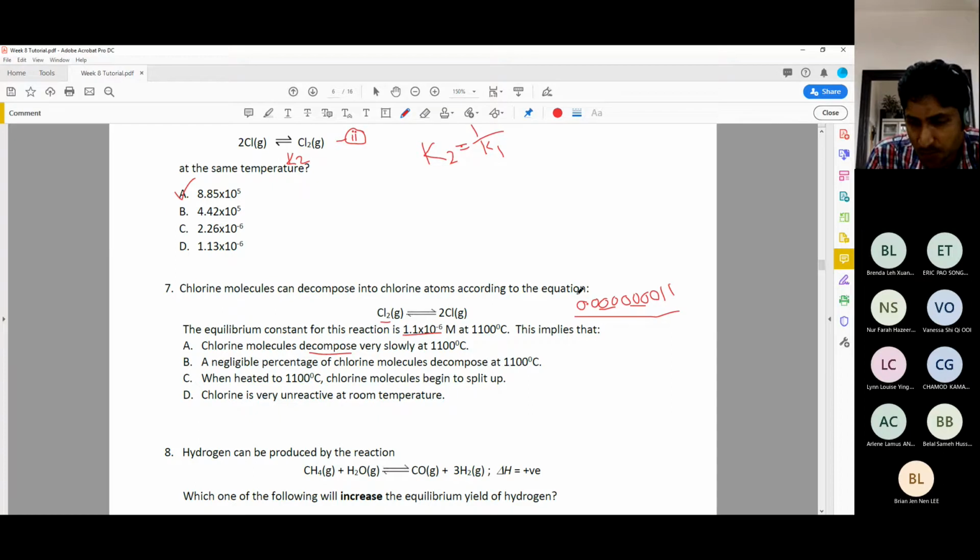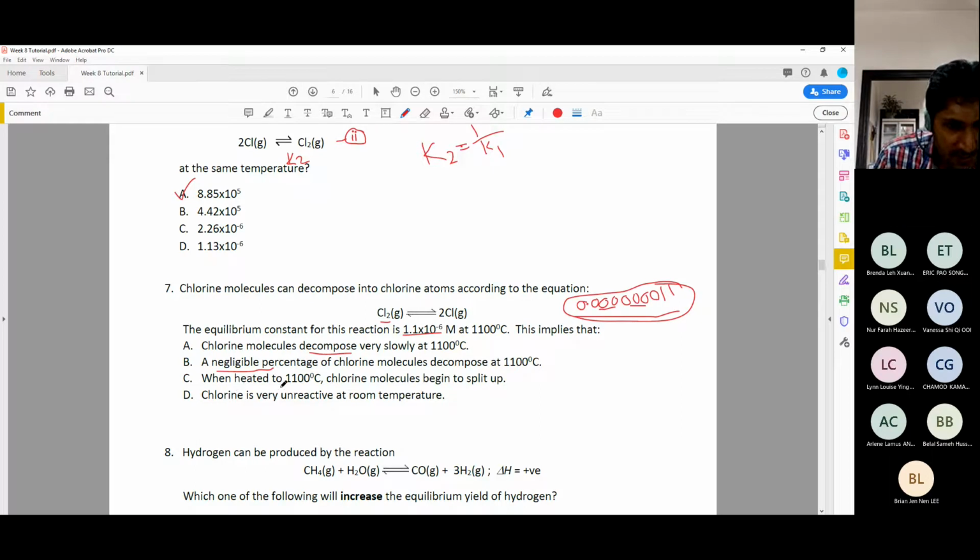Since it is a very small number, we can comfortably say yes, it's true that it's a very small amount, even at 1100 degrees centigrade, which is a very high temperature. A small amount of this chlorine gas will be decomposed, dissociated.